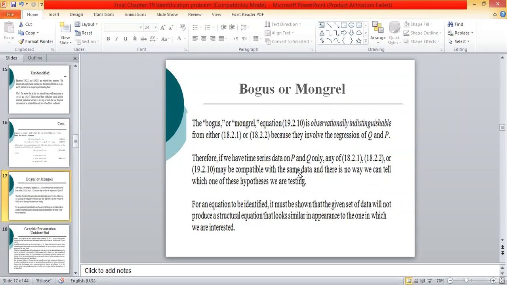So there is no way we can tell which hypothesis among these we are testing.